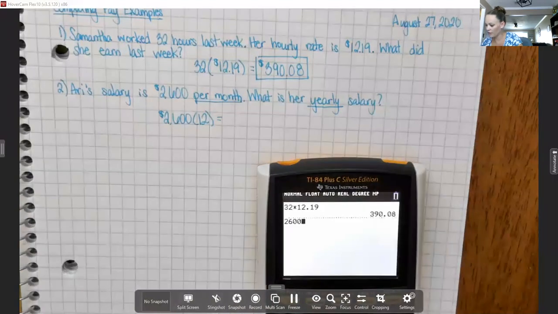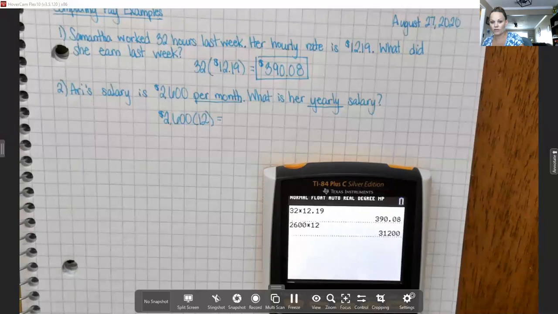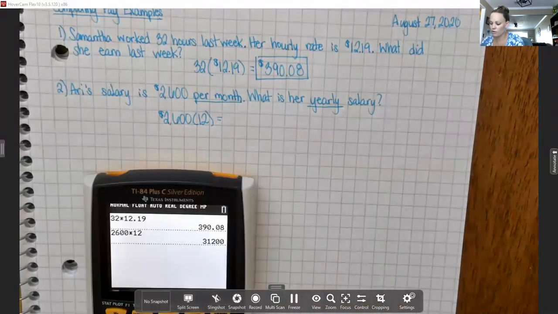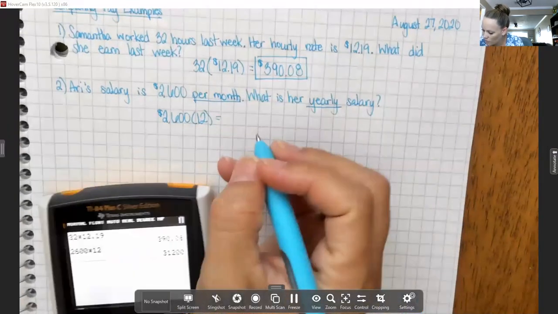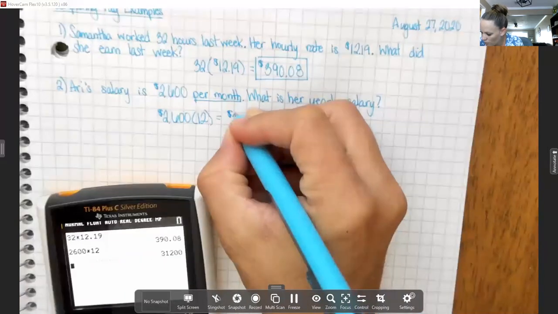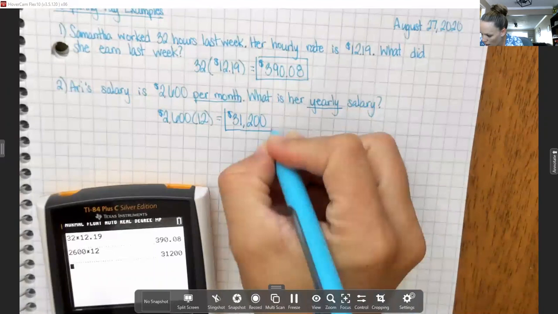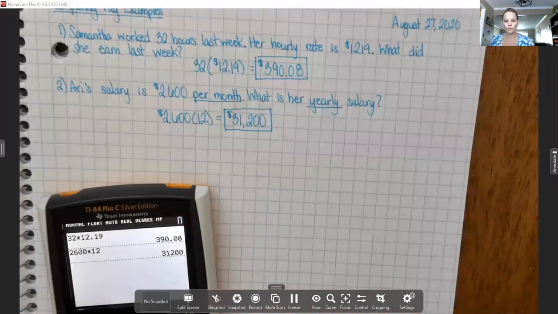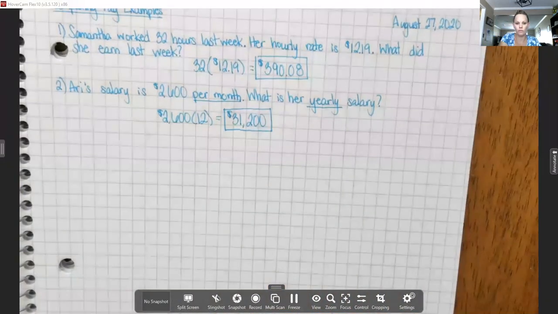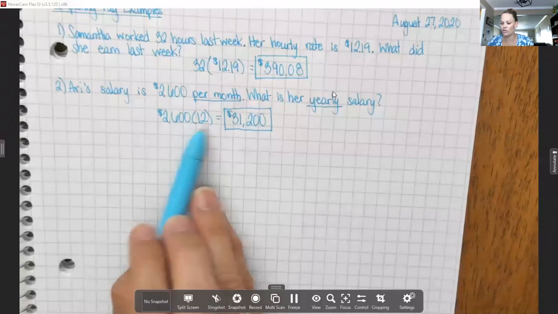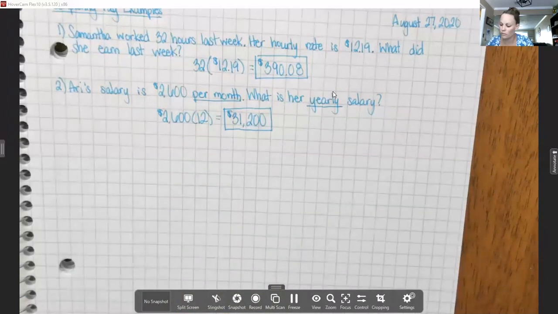Again, just 2,600 times 12. So $31,200. Remember, parentheses like this just mean that you're multiplying.